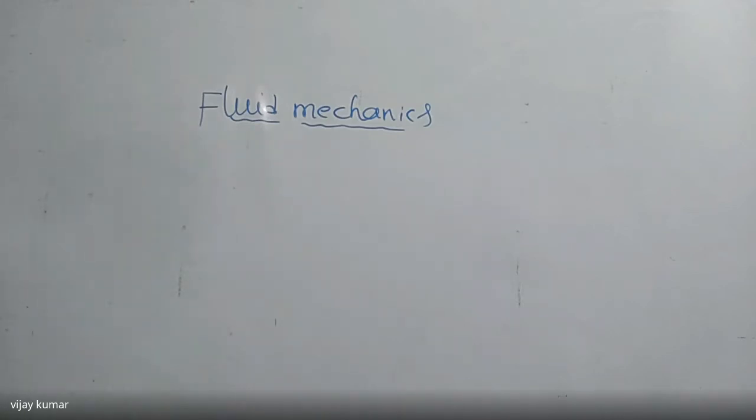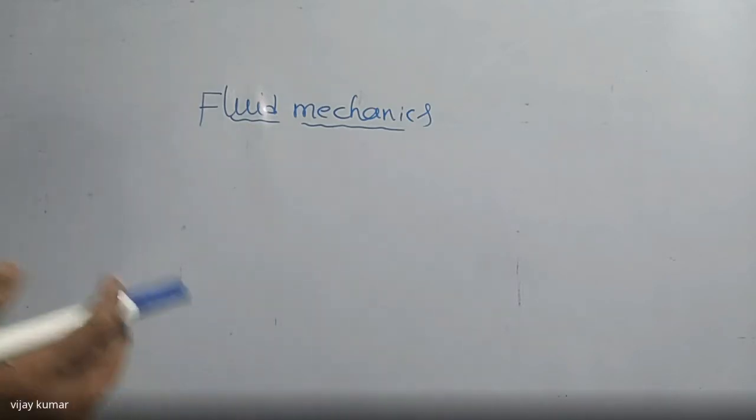Before calculating pressure, velocity, and force of liquids and gases, I want to know the properties of the fluids, or simply fluid properties. These fluid properties belong to standard fluids.